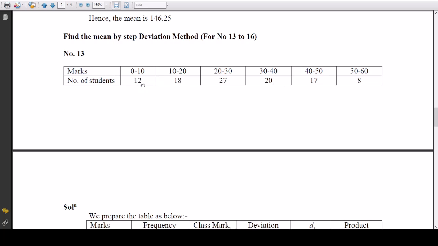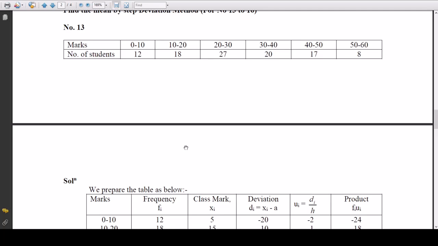To find the mean with this method also, you have to prepare a table, and that table will be a little bit different from the other two methods, but the first column and the second column usually will be the same.